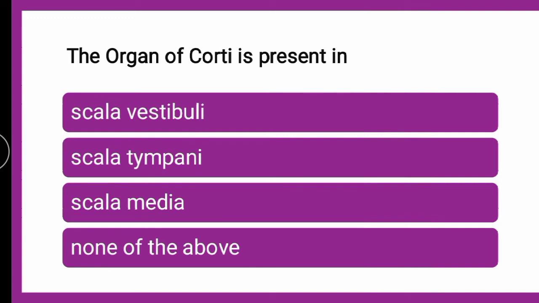Next question is, the organ of Corti is present in dash. Is the organ of Corti present in scala vestibuli, scala tympani, scala media or none of the above? Which amongst the given is the correct answer? Where is the organ of Corti present?